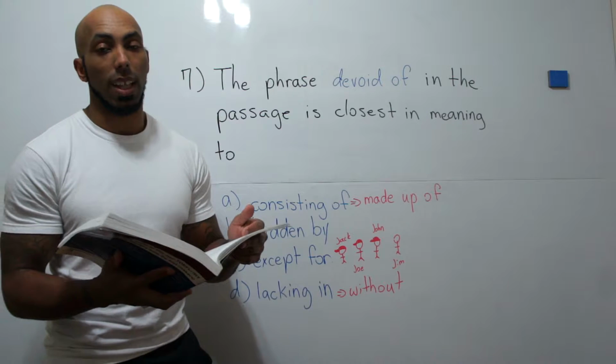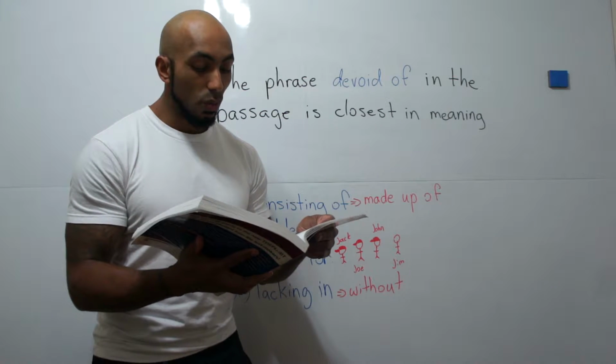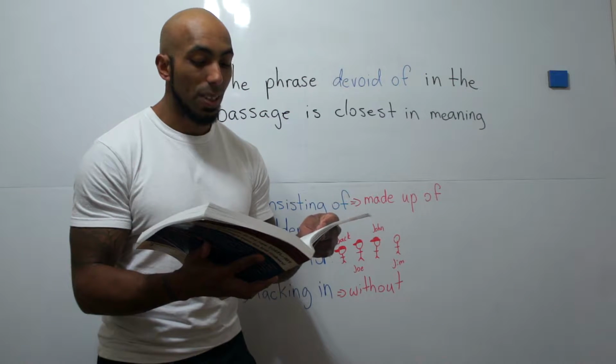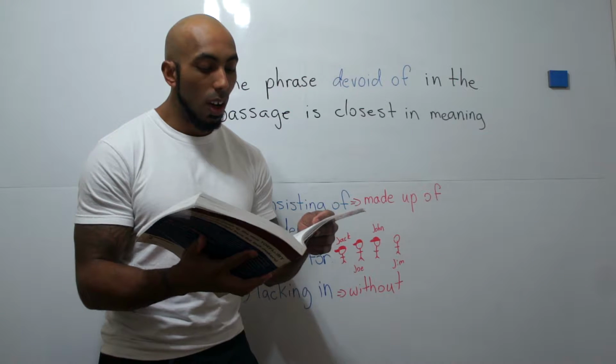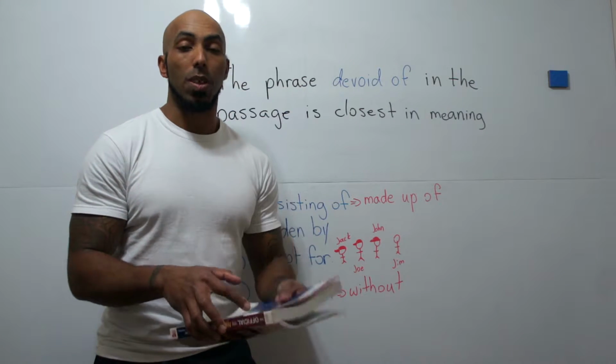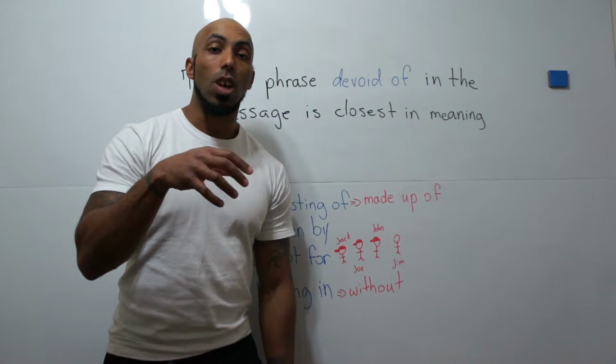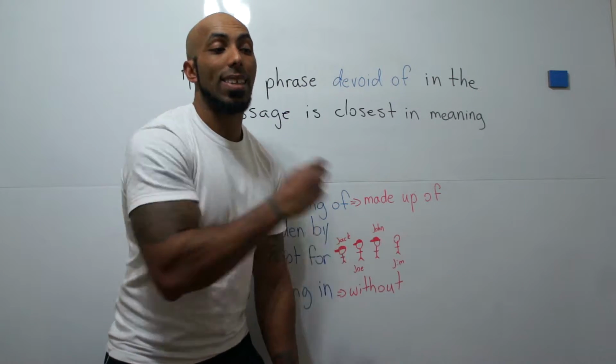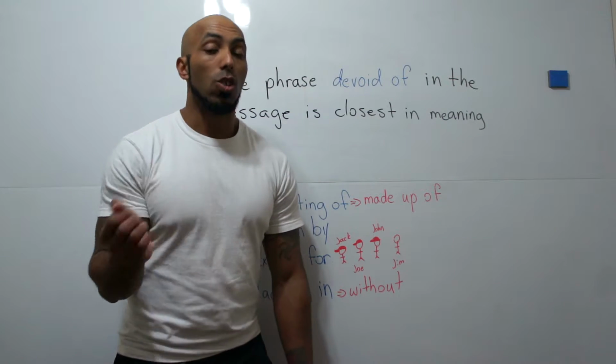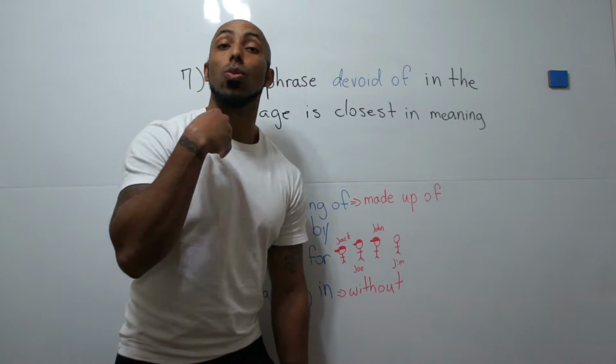Okay, so let's read the last sentence one more time. Since the raising of most crops necessitates the prior removal of the natural vegetation, which means if you want to plant crops or vegetables that you eat in a place, you need to first remove the plants that are already growing there to plant the ones that you want.